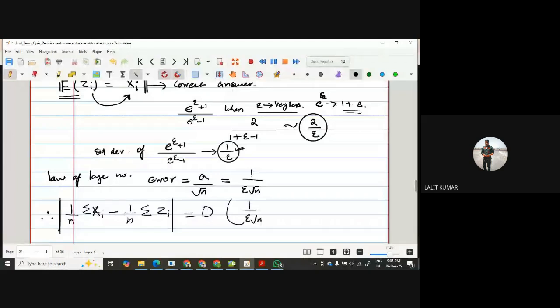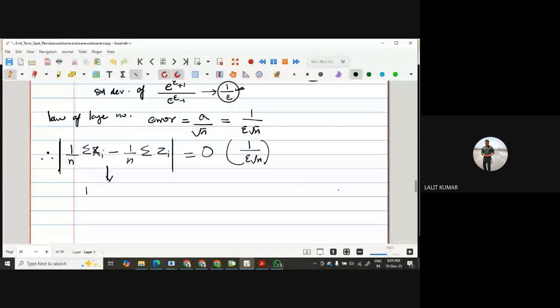Now we'll come to Ravina, your question. What happens? Your aim is to make this error less, for good utility. So what you have to do is increase n.